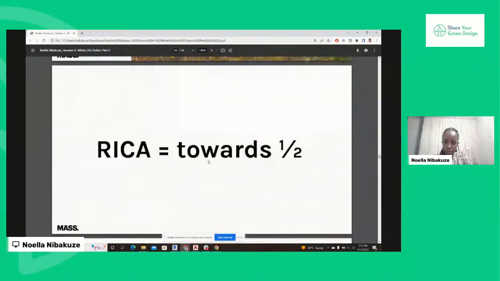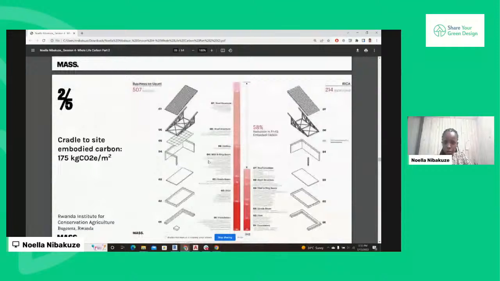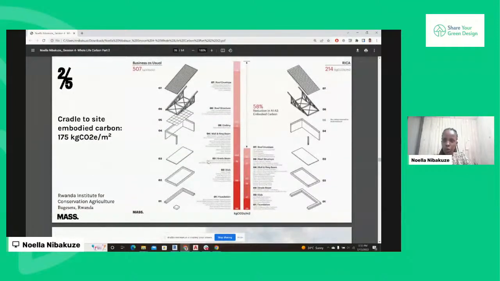And how did we achieve that? So this is a typical section, business as usual on the left, and what we did at RICA. So foundations, we used stone foundations. We used earth walling, and we used timber roof. And then we used terracotta roof, and everything was from Rwanda.